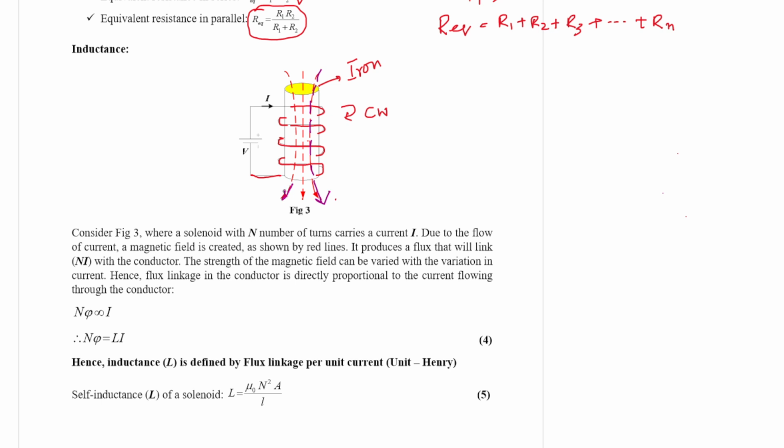It is directed along this, so it will form a shape like this, the magnetic lines of force. Now the question comes: why this direction? Why not this direction?